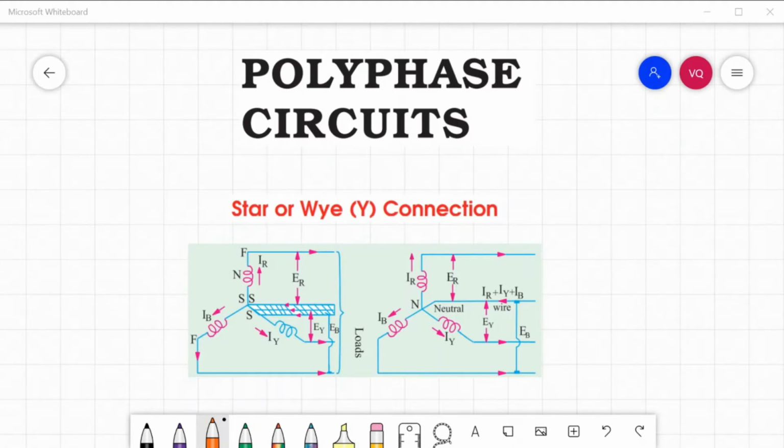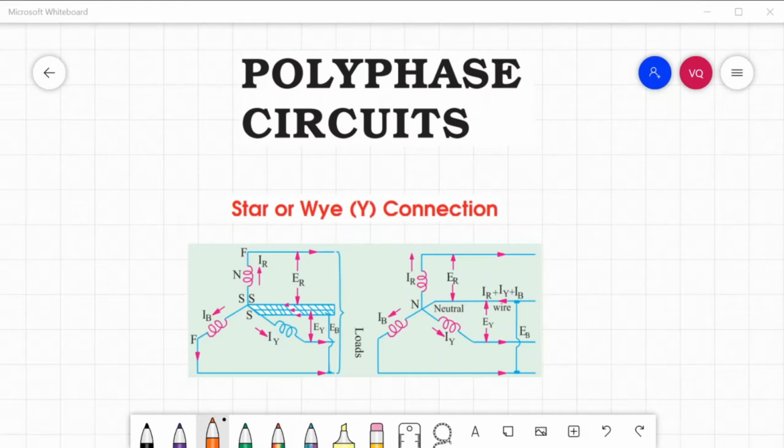In this method of interconnections, the star ends of three coils, so it could be finishing ends, are joined together at point N or at point S, shown in figure 19.10 or in this figure.